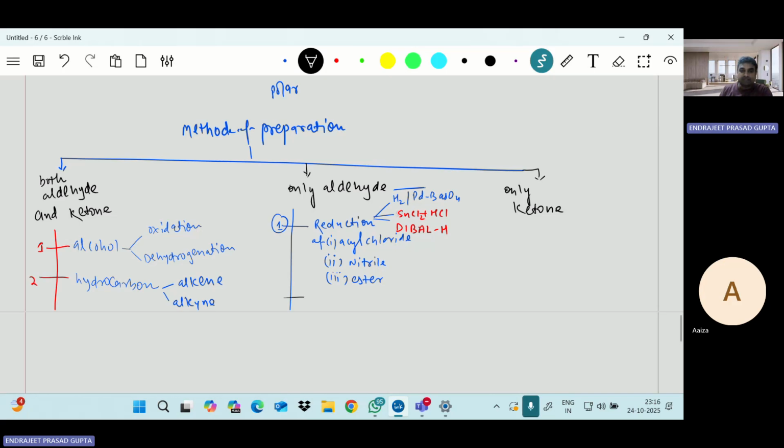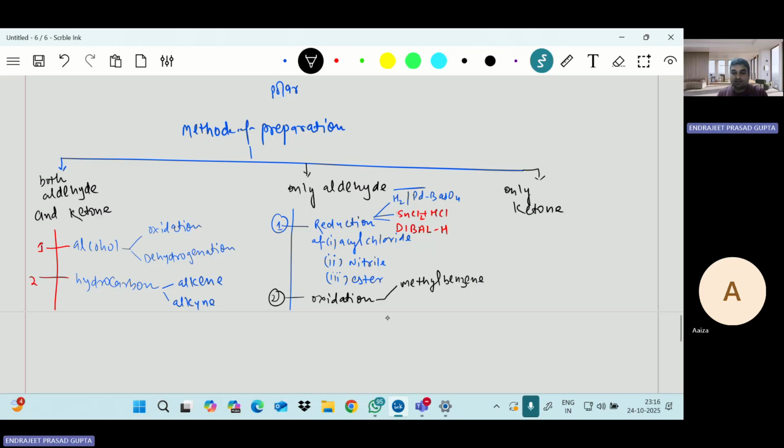Then we have the second method for the preparation of aldehyde: oxidation. Oxidation means you can take methyl benzene, which is toluene. Clear?